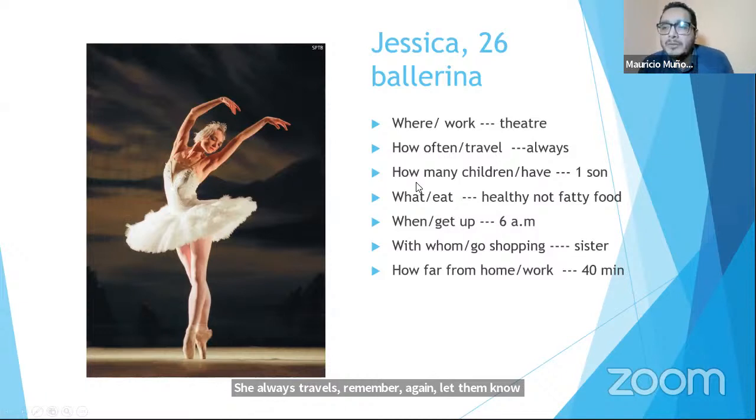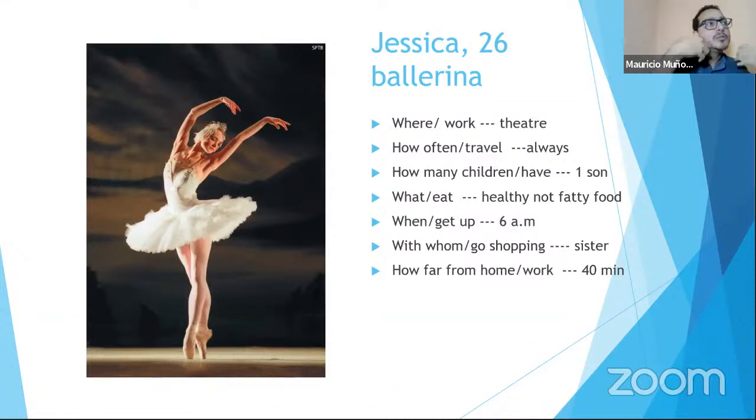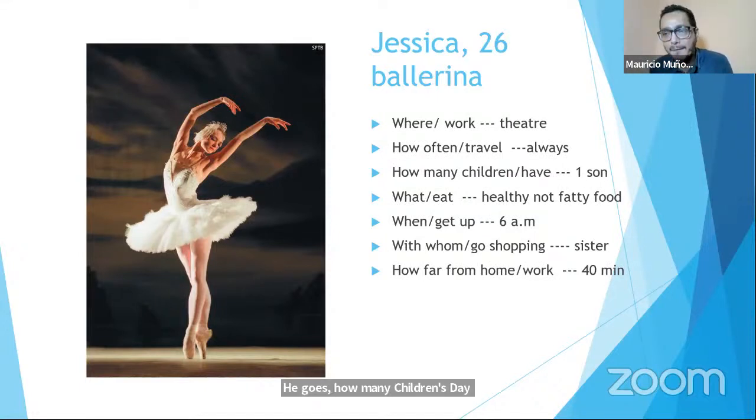En la siguiente pregunta nos hace referencia a su familia. ¿Cuántos niños tiene? ¿Cómo formulo la oración para saber cuántos hijos tiene ella? Correct. Muy bien, chicos. How many children does she have?